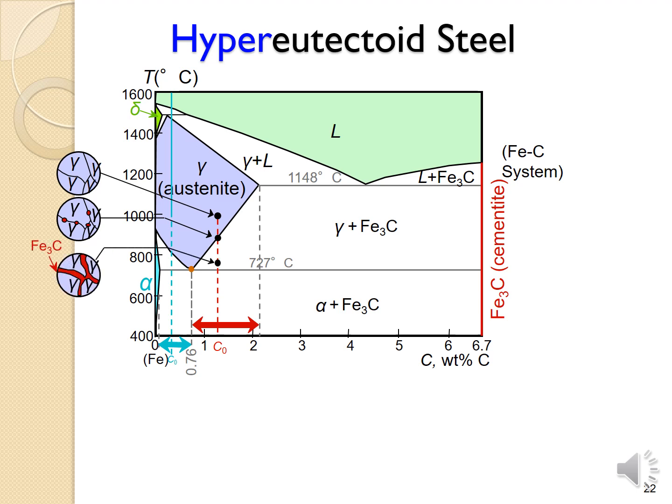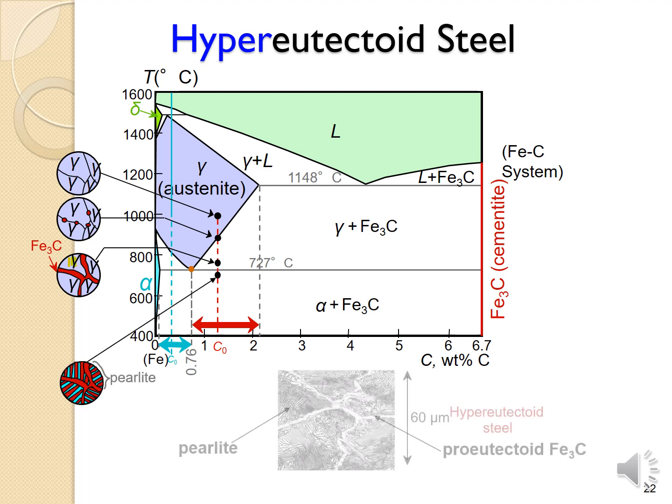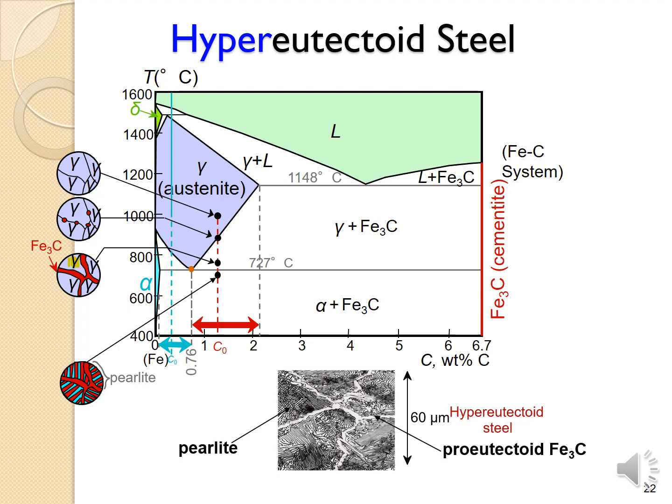And right before the eutectoid reaction, you can see the cementite grows bigger, and then we have the pro-eutectoid austenite. After the eutectoid reaction, all the austenite becomes the layered structure, which is the pearlite. So as a result, we have pearlite and the pro-eutectoid cementite.